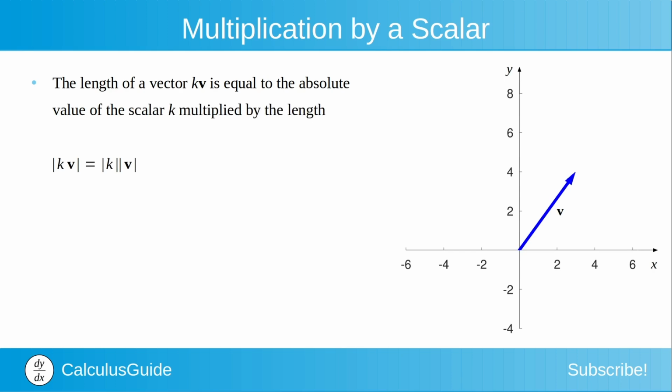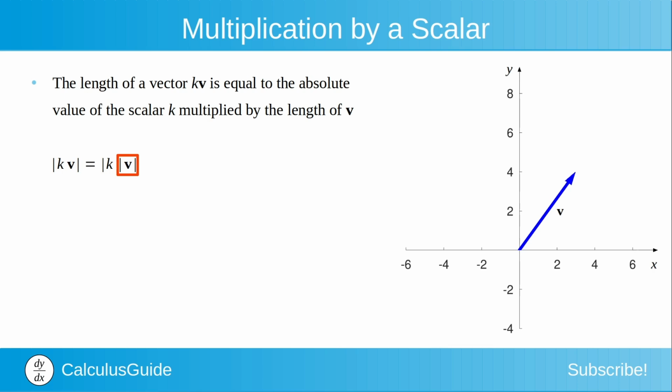The length of a vector kv is equal to the absolute value of the scalar k multiplied by the length of the vector v. In the equation below, the vector kv between a pair of vertical bars represents the length of kv. The scalar k between a pair of vertical bars represents the absolute value of the scalar k.